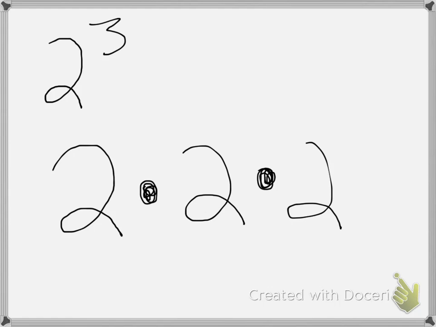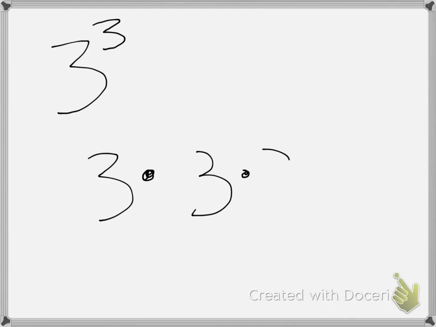If this exponent was 4, then it would be 2 times 2 times 2 times 2. If the number was different, it's the same procedure. 3 to the third is 3 times 3 times 3.